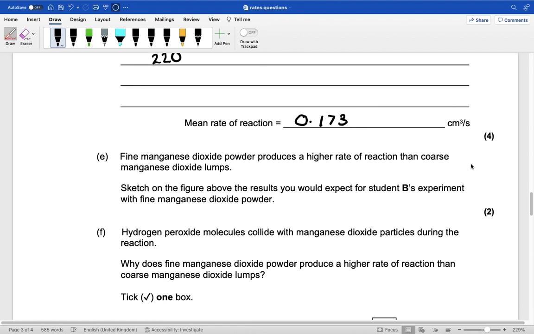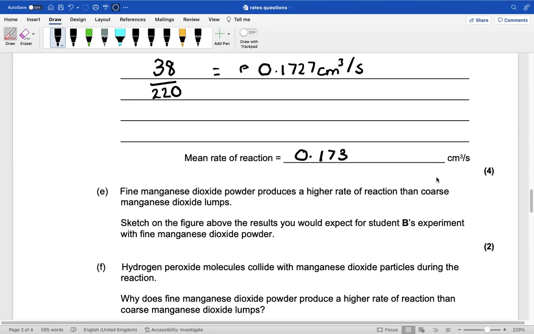It then says E. Fine manganese dioxide powder produces a higher rate of reaction than coarse manganese dioxide lumps. Sketch on the figure above the results you would expect for student B's experiment with fine manganese powder.